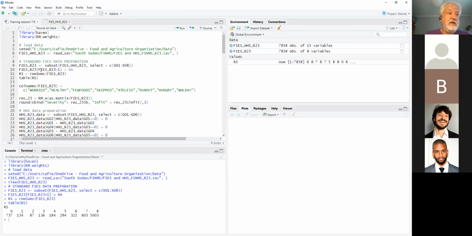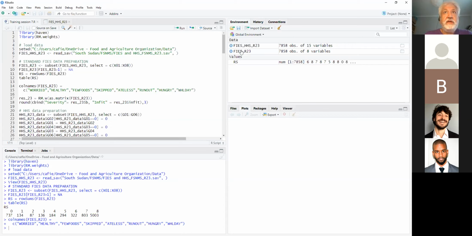In this data set, we see the vast majority of people reporting raw score 8, meaning they have responded yes to all questions. For convenience, I'm renaming the columns with the standard names that we assign to the FIES data.